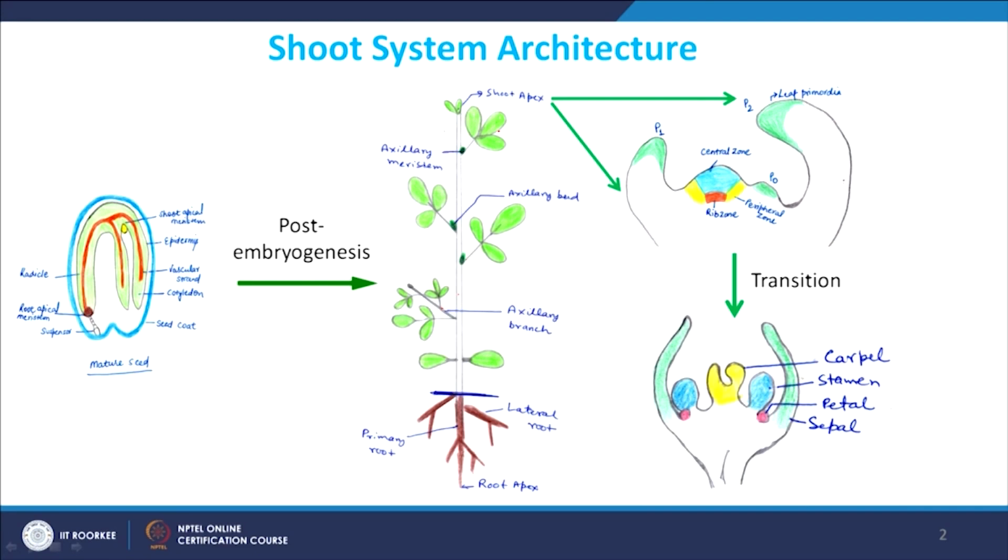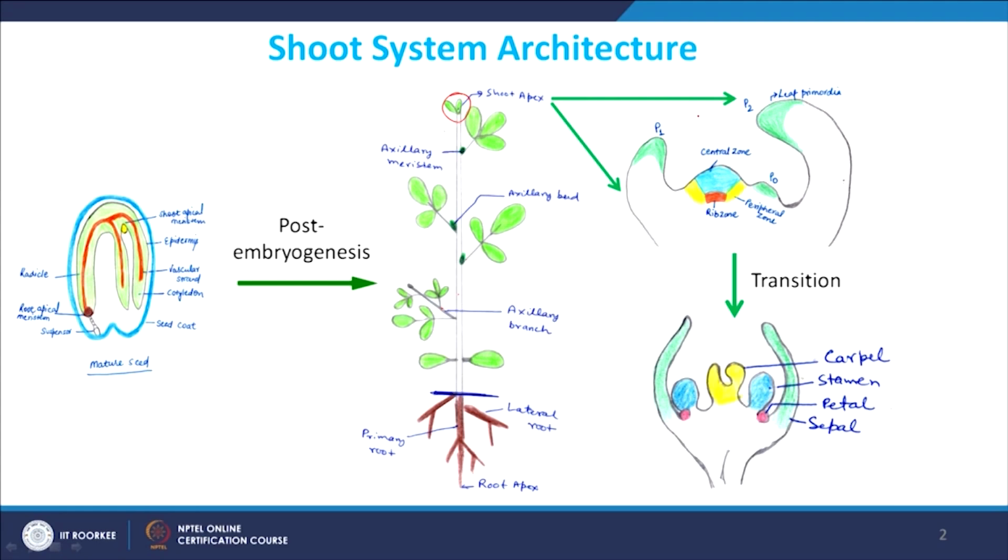So, these are the shoot system parts. And if you look at the very apex of the shoot, which is called shoot apex, it has a meristematic region, or the region where stem cells are positioned, stem cells which are responsible for primary growth of the shoot, and this is called shoot apical meristem.